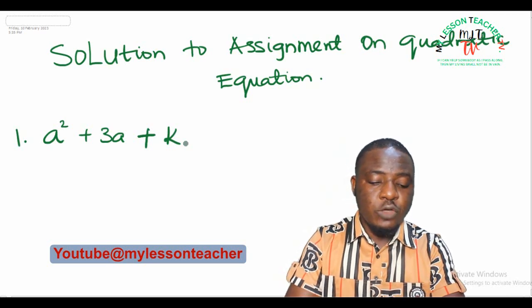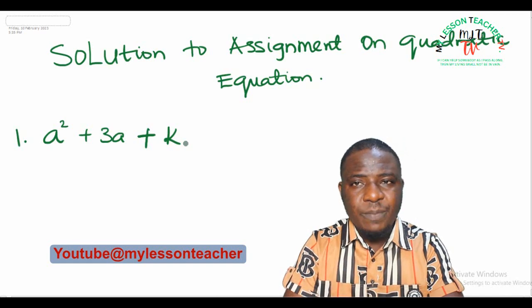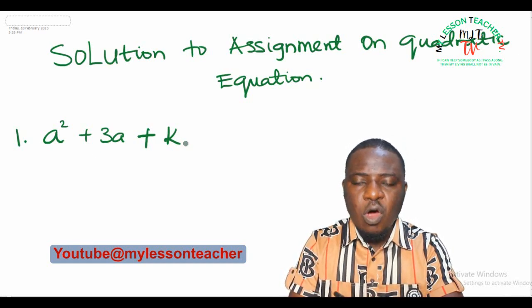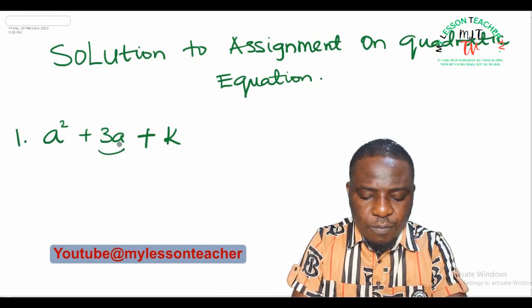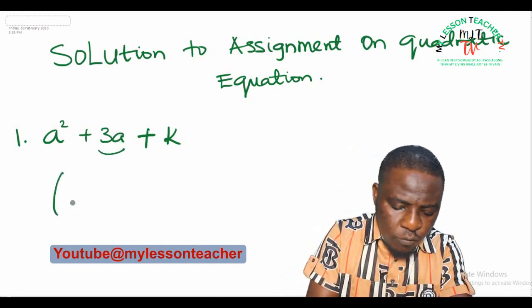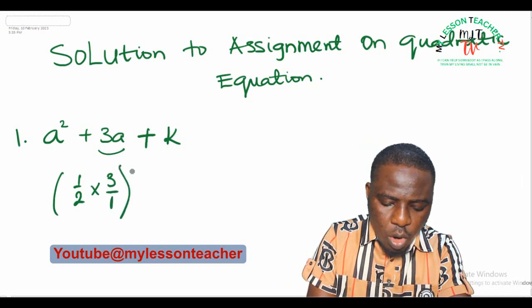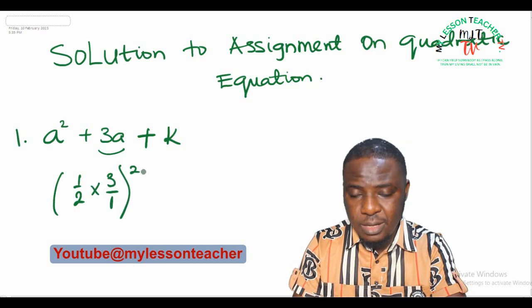The method says you should first of all make sure that the first term is a perfect square, of which a squared is the perfect square. You find the square of half the coefficient of the second term. The coefficient of the second term, which is 3a, is plus 3. So I'm going to look for half of 3 all squared. So half of 3 all squared is going to be our k.